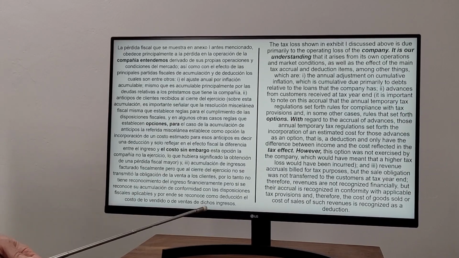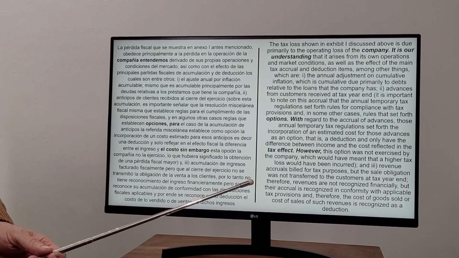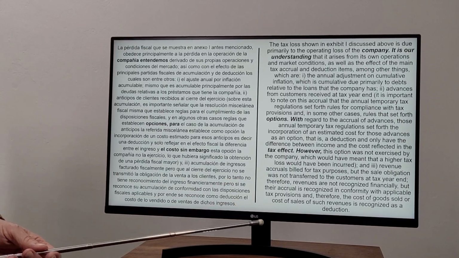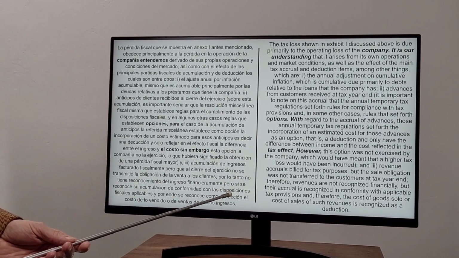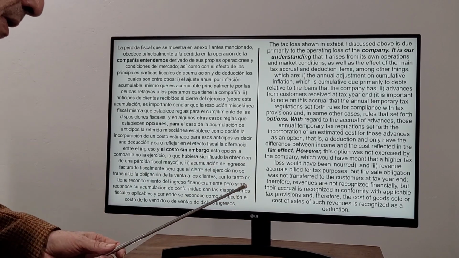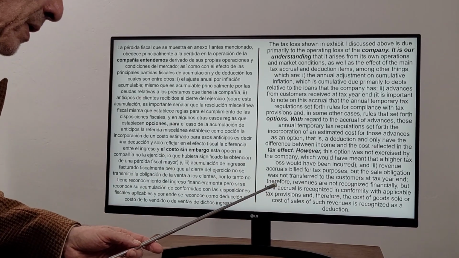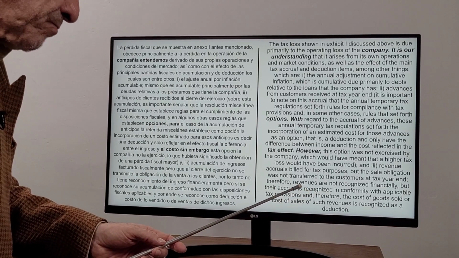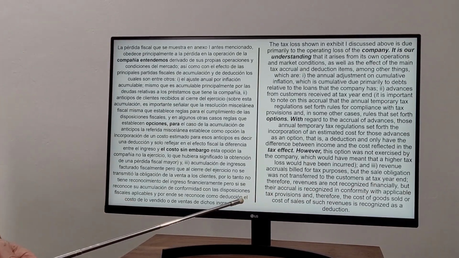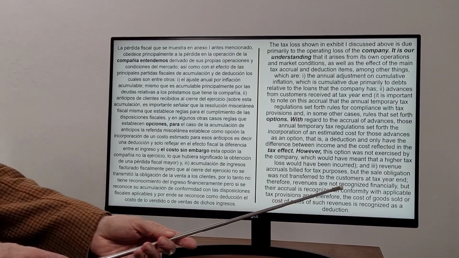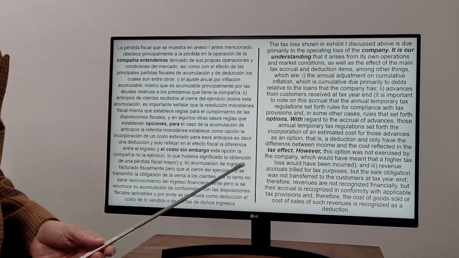Okay, I have identified reconocimiento as a noun, which is going to work better as a verb in English. So in our translation process, we come up with, but their accrual is recognized. Revenues are not recognized financially. And then we continue. We have another comma, and then we have but.